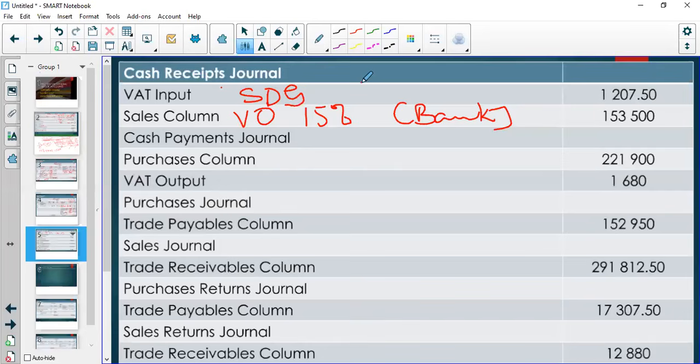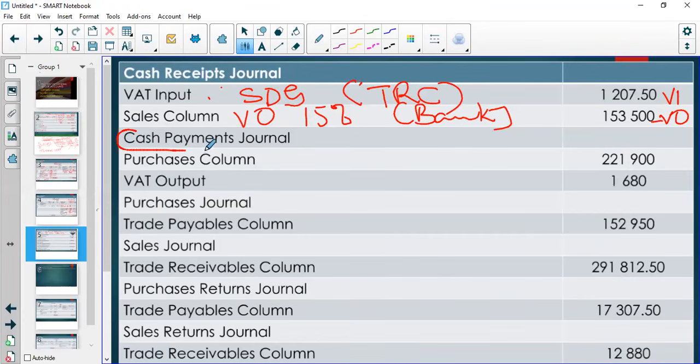And the description here will be trade receivables control, right? Because that's the account that was credited. So this is VAT input. This will be VAT output. The amount related to this column will be VAT output.